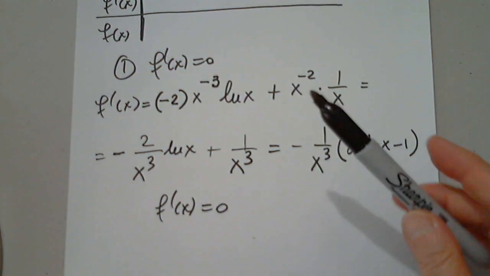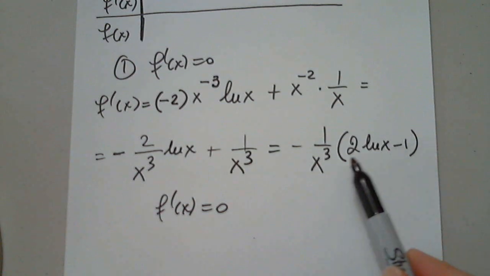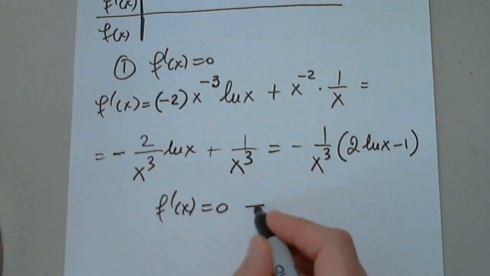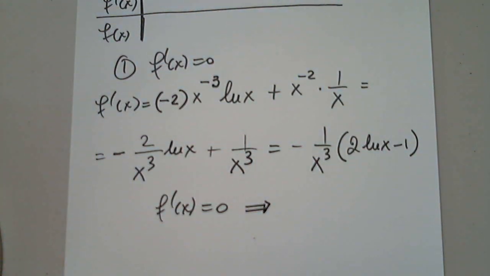So now the first one will be f prime of x is 0. Well, this is a fraction of 2 natural log x minus 1 over x cubed. So when is this fraction 0? When the numerator is 0.